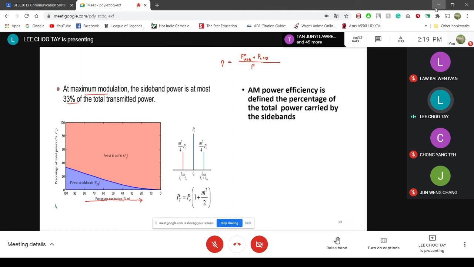11.1, 4.3. So talk about overall. Overall efficiency is low. And how to relate the efficiency to the modulation index?